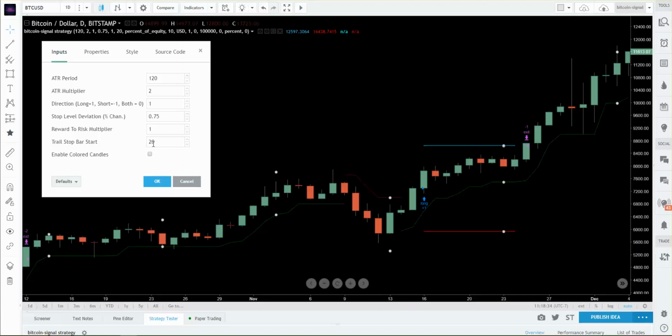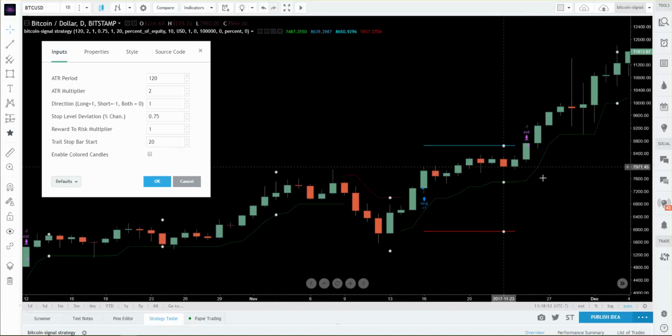What this means is that if you're in a long trade, it will leave the stop at its original position, but after 20 bars have passed, it will actually start trailing that stop.